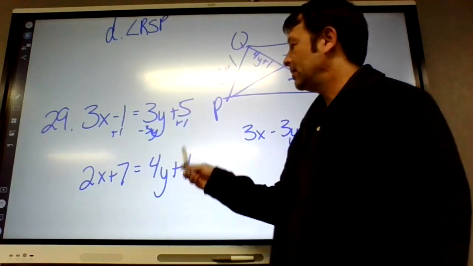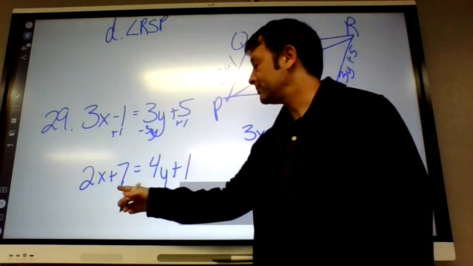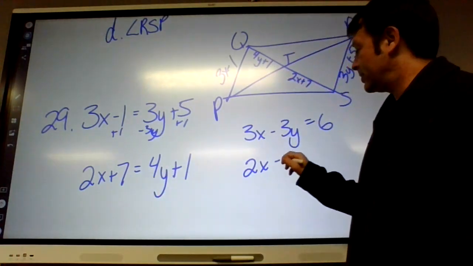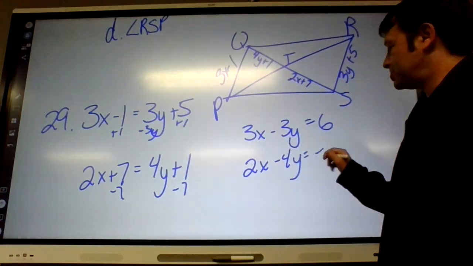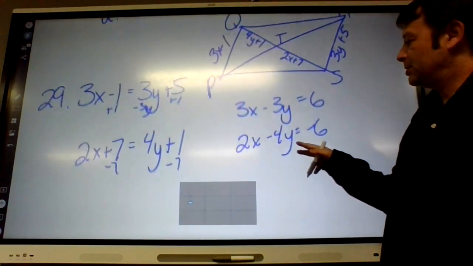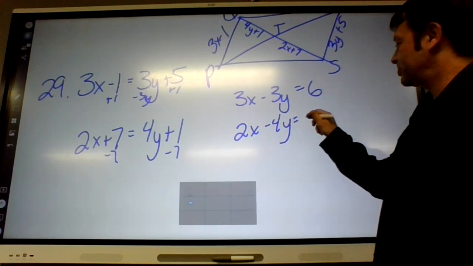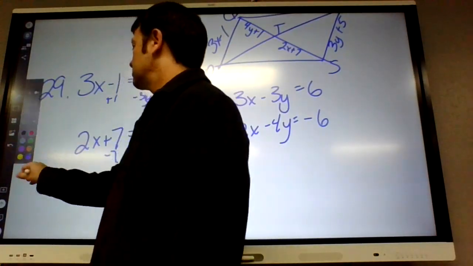And what would the other equation become if I did the same thing? 2x minus 4y equals negative 6. You know what we do next?